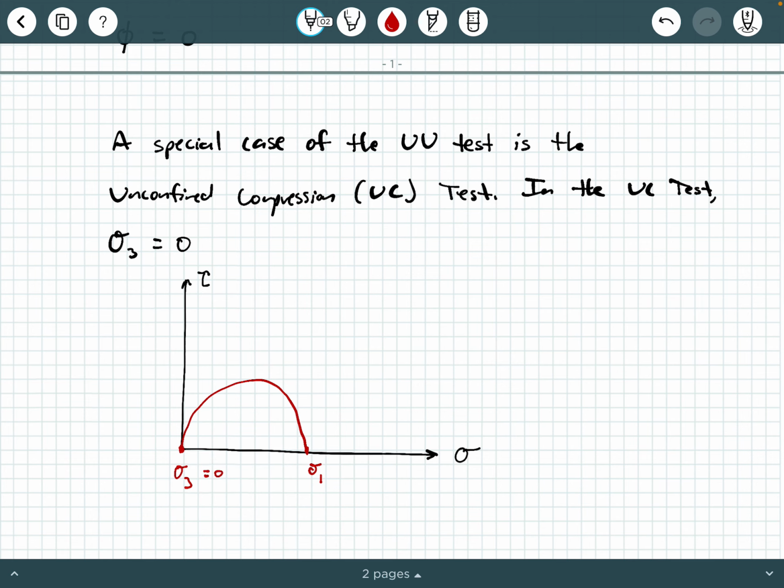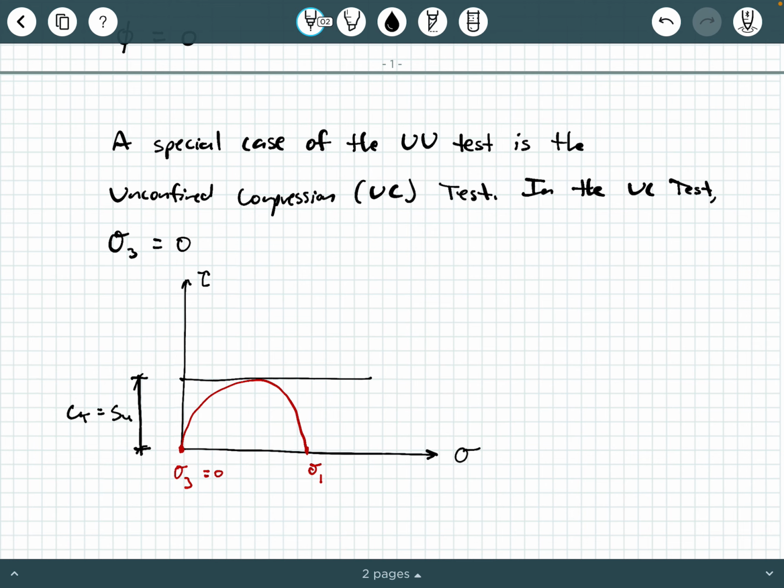Well, it turns out that when you test concrete cylinders, you are performing a UC test. There is no confining pressure. There's nothing around the specimen that's giving it a confining compressive stress all around it. So again, sigma 3 is 0. And again, we'll have this undrained shear strength or total cohesion S sub U.